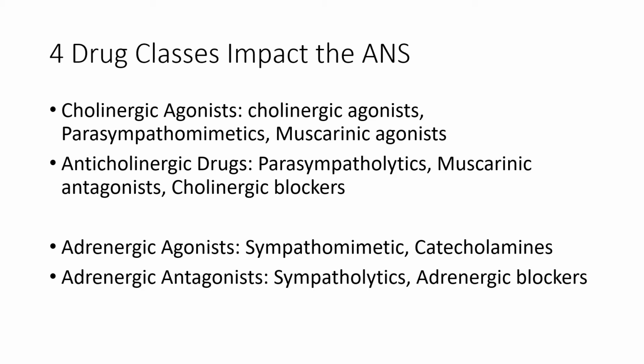On the sympathetic side, there's adrenergic. Adrenergic is another name for sympathetic, and it's based on one of the neurotransmitters called adrenaline, and adrenaline is just epinephrine. So what are the two neurotransmitters? Epinephrine and norepinephrine. So an adrenergic agonist is something that stimulates the sympathetic system, so a sympathomimetic.